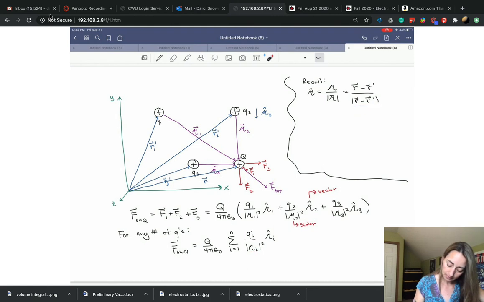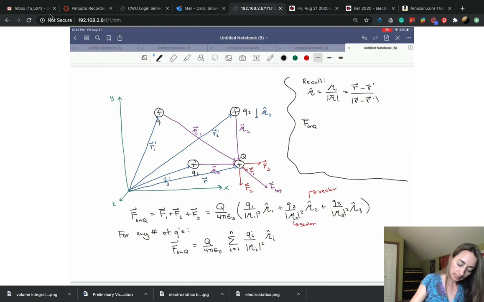The only difference is this denominator is squared. If I want to substitute in this formula for our r hat I here, you end up with this particular equation.